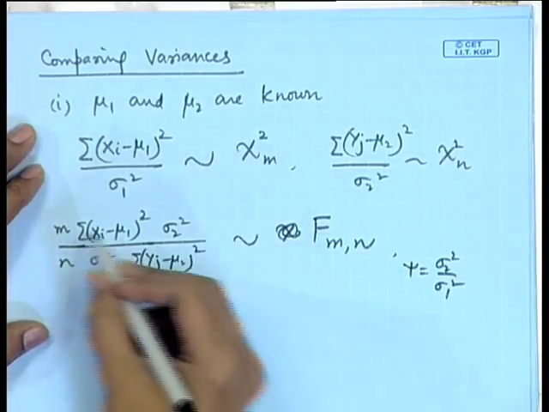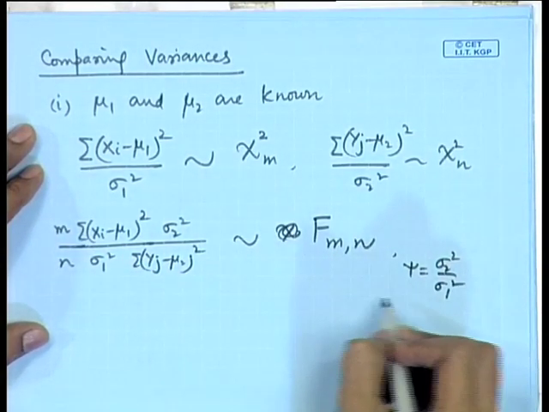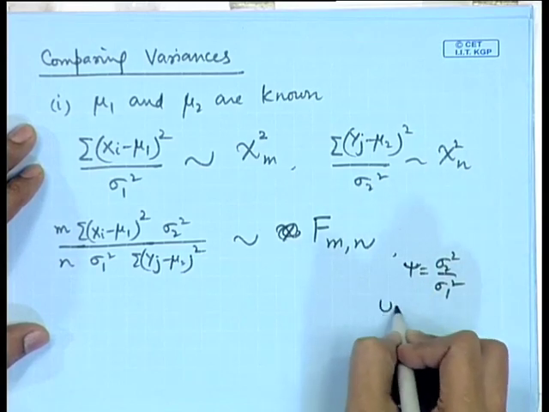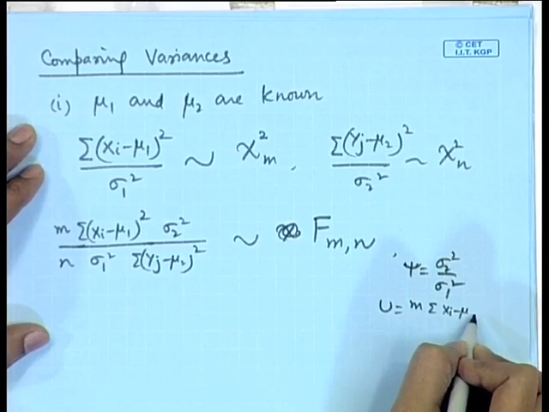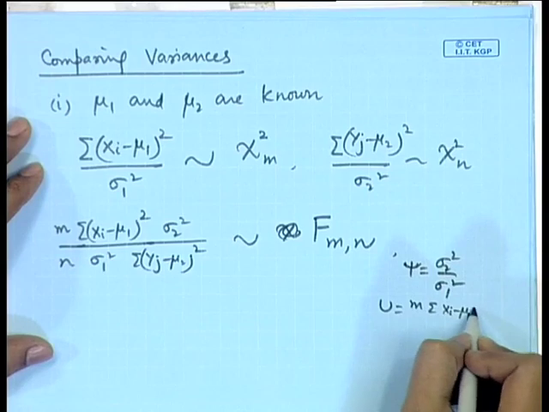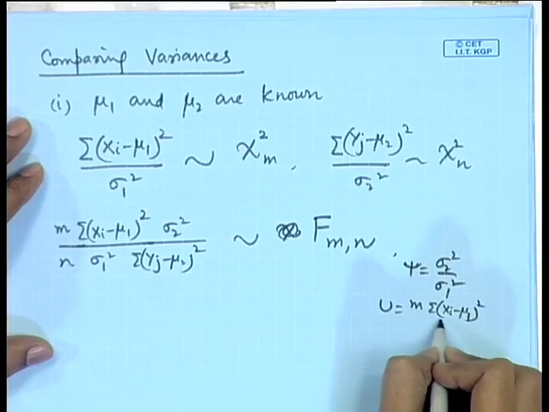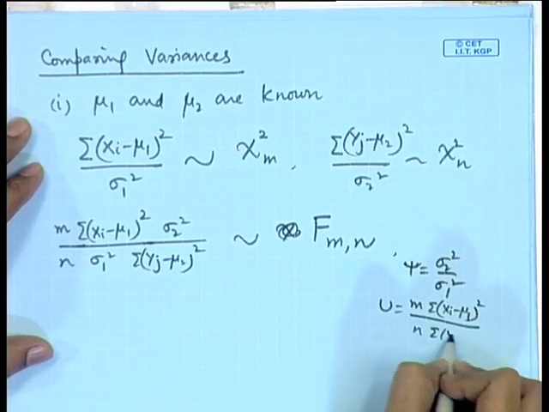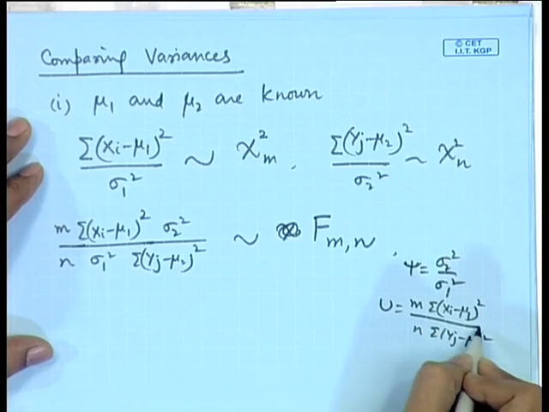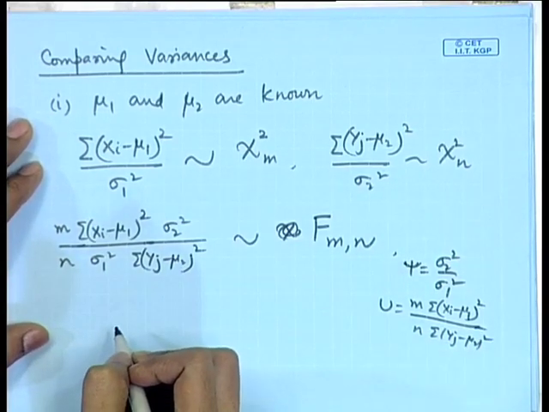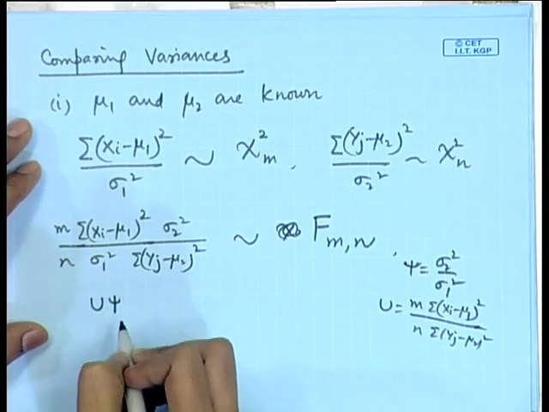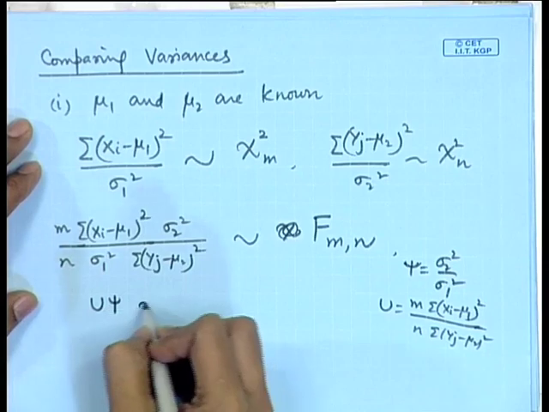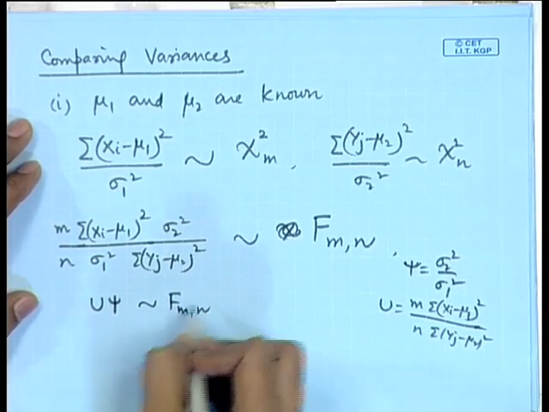Let me use the notation u as m times sum of (x i minus mu 1) square, divided by n times sum of (y j minus mu 2) square. Then u psi follows an F distribution on m, n degrees of freedom.